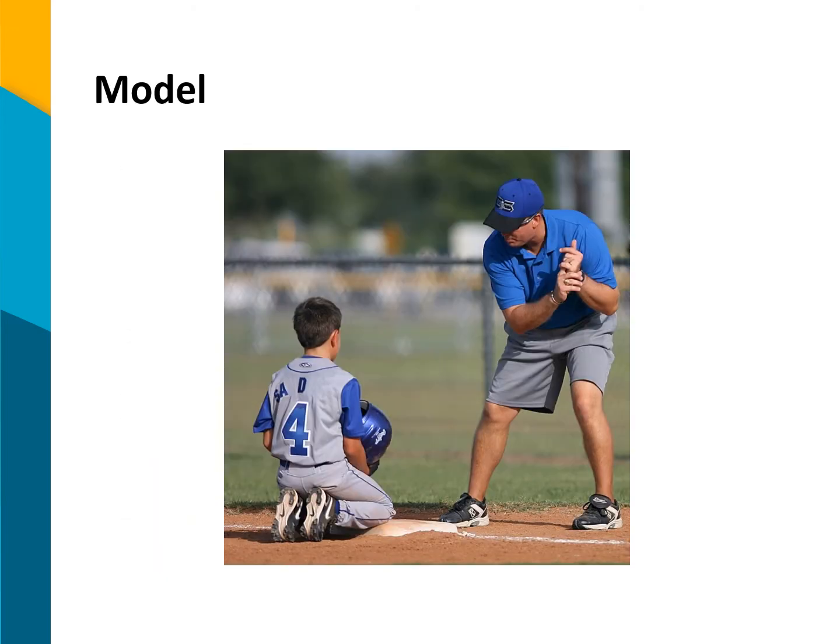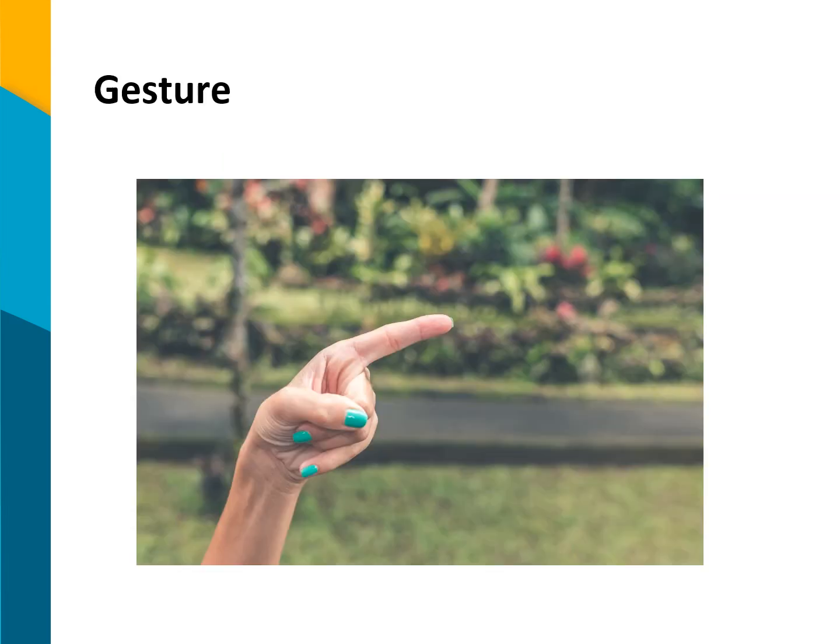Model prompts. Here, the adult demonstrates the target behavior and the child imitates it. Model prompts are usually used when expecting a child to imitate an action or carry through a task. Asking a child to clap his hands while an adult does it at the same time is an example of a model prompt.